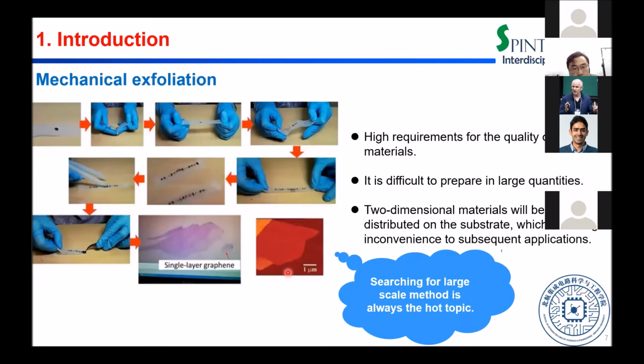But this method is, we know, difficult for preparing in large quantity, and also it's hard to make a device, and hard to control the thickness. So searching for a large scale method is always a hot topic in 2D materials.